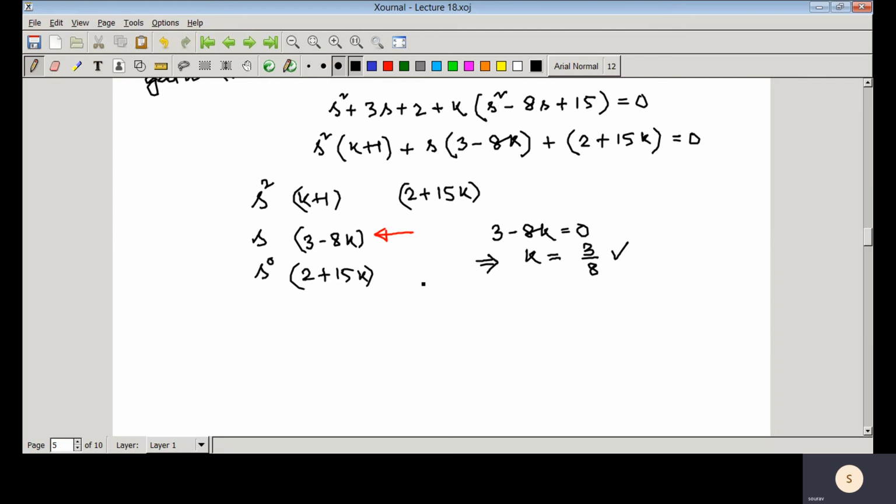And what would be that auxiliary equation? If you go one step above and replace this value of k here, that would be 11 by 8.